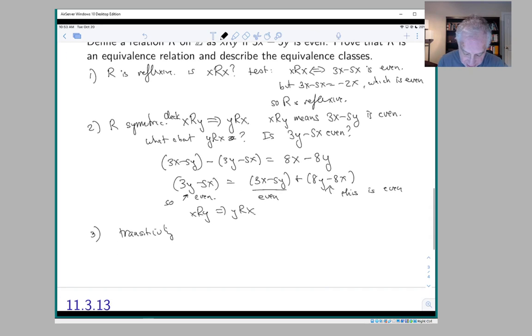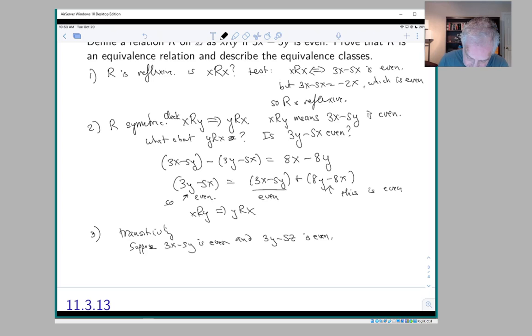Well, now we need to know whether, let's see, xRy, suppose 3x minus 5y is even, and 3y minus 5z is even. We need to know that 3x minus 5z is even.